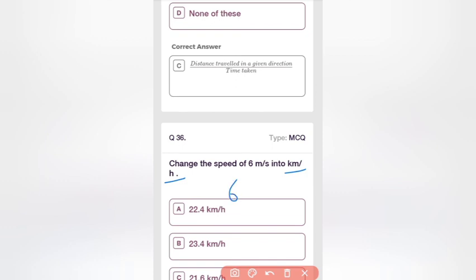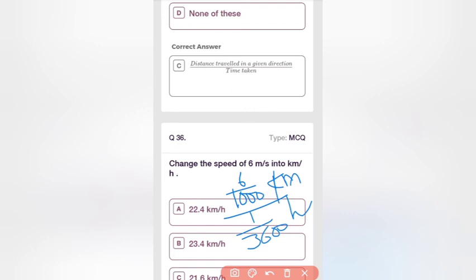So 6 into 1 by 1000, or 6 divided by 1000 divided by seconds. So what will be the seconds? 3600 seconds. So 1 divided by 3600. So to convert it to kilometer per hour, this 3600 will go up. So 3600 into 6.